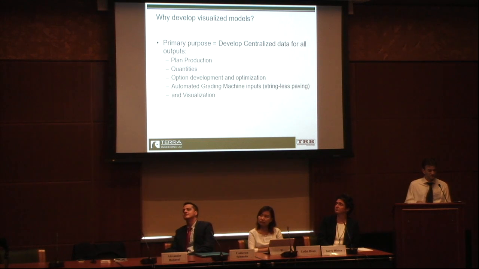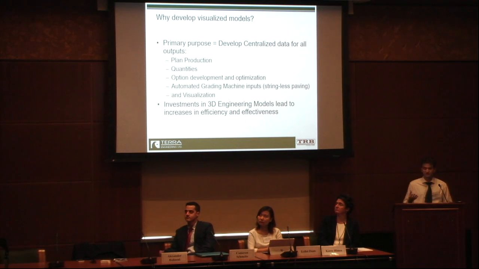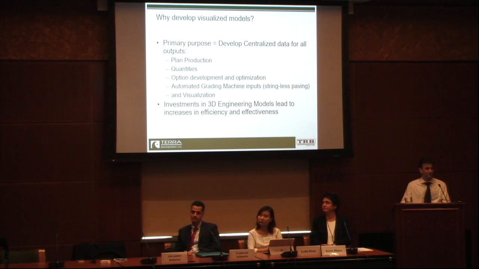So the engineering application is really the true primary purpose of why you build these 3D models. These investments in 3D lead to much more increased efficiencies and effectiveness because we're able to make these products in one piece, and then the outputs come from that model rather than the traditional way of building the outputs and then making the model from that.